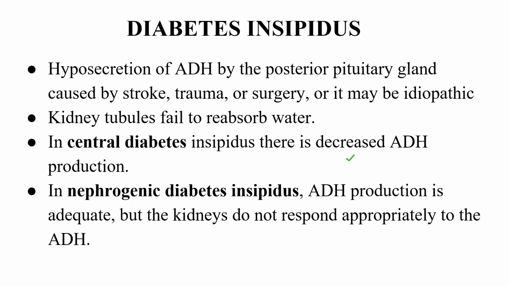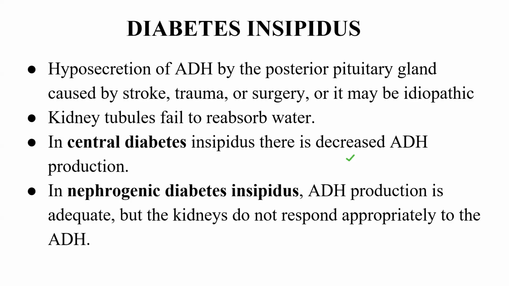You have excessive fluid going into the renal system, and the renal system just keeps throwing it out of the body in the form of urine. That's why you see the patient always having polyuria, always urinating, and the moment they're urinating, they're thirsty again. Why? Because there's a reduction of what? ADH, antidiuretic hormone.